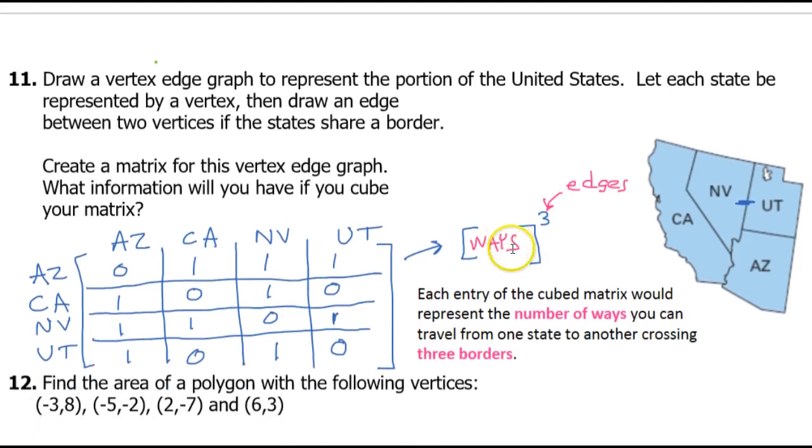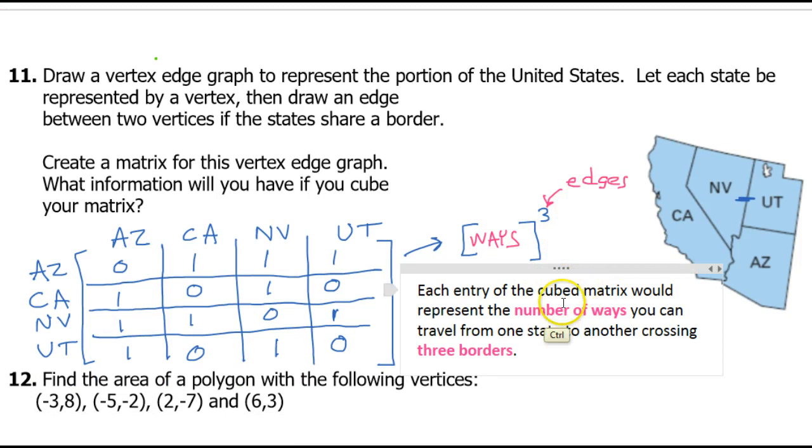In this problem, instead of edges, we're talking about borders. So instead of saying 3 edges, we'll say 3 borders. So one more time, each entry of a cubed matrix would represent the number of ways you can travel from one state to another, crossing 3 borders.